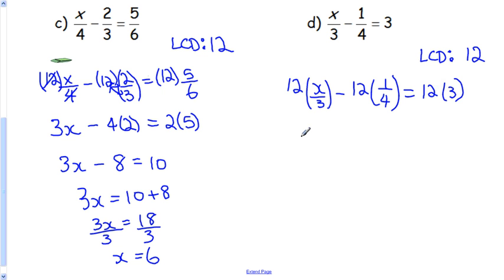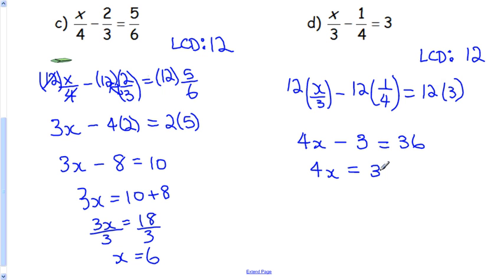So now we have 12 divided by 3 gives us 4, and 4x. 12 divided by 4 gives me, I'll leave the sign there, sorry. 12 divided by 4 gives me 3, and then times 1, which is just 3. And then 12 times 3 gives me 36. Now we need to isolate for the x, so let's get rid of the minus 3 by bringing it to the other side.